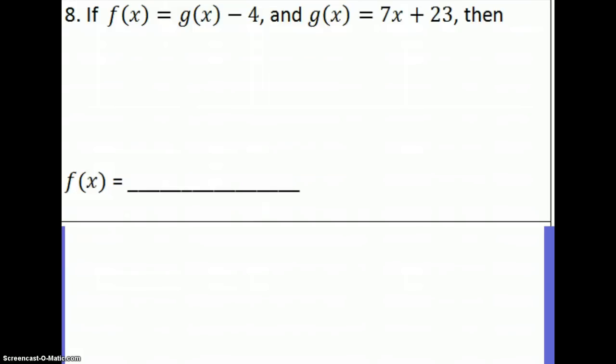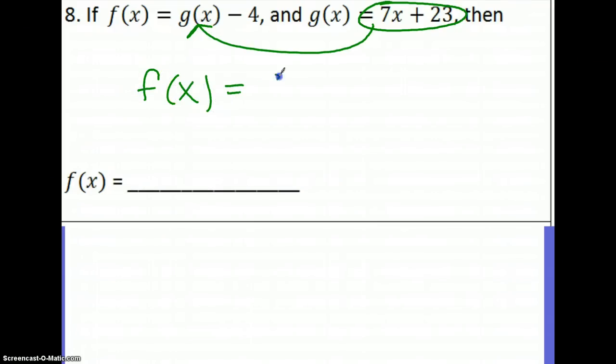If f(x) = g(x) minus 4 and g(x) is 7x plus 23, we're going to find f(x). So we are going to take g(x) and plug it in for g. You've got f(x) = g(x) minus 4.